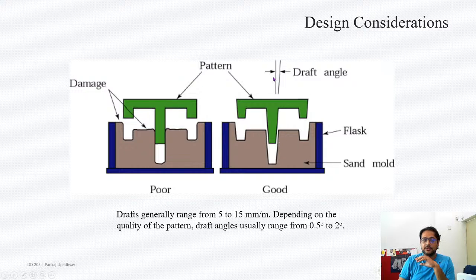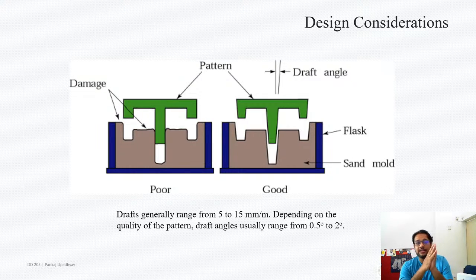The angle is from the vertical, and what this angle does is, once you try to remove the pattern, it will just pop out a little bit and you will get a smoother finish. Okay, so this is called draft angle, and it is one of the most important concepts in casting, injection molding, and all of these manufacturing processes where a die is involved.